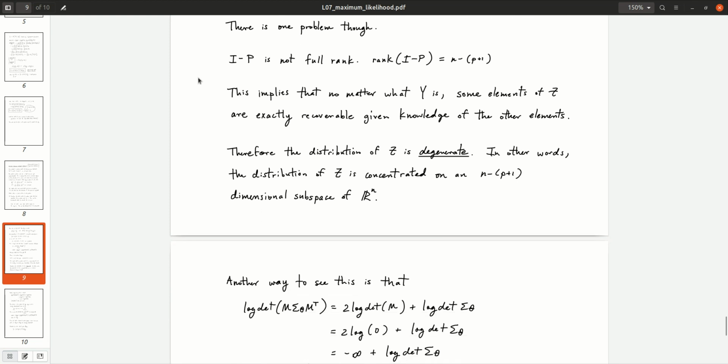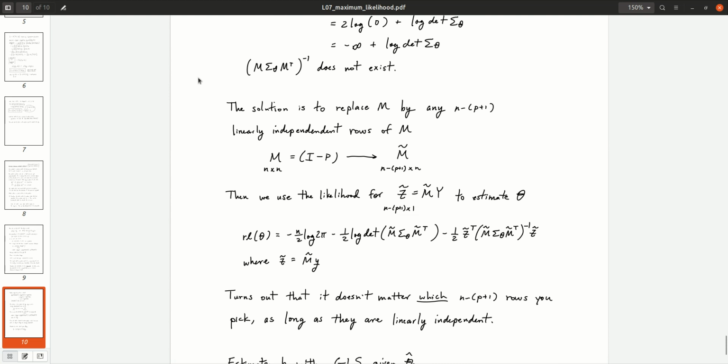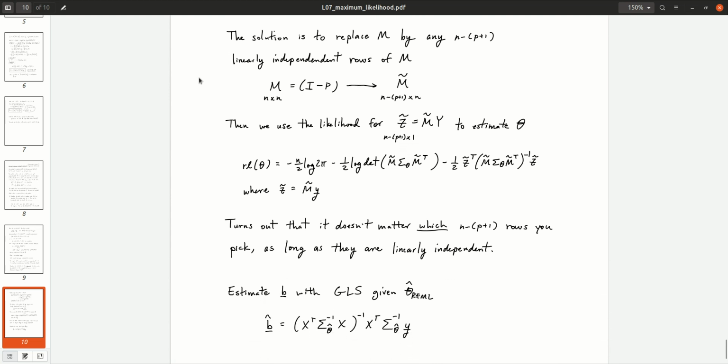And the solution is actually pretty simple. Instead of using the n by n matrix M, which is equal to this projection matrix, we just pick any n minus p plus 1 linearly independent rows of M, since n minus p plus 1 is the rank of M. So instead of using M, we subsample the rows, but so that you pick rows that are linearly independent.